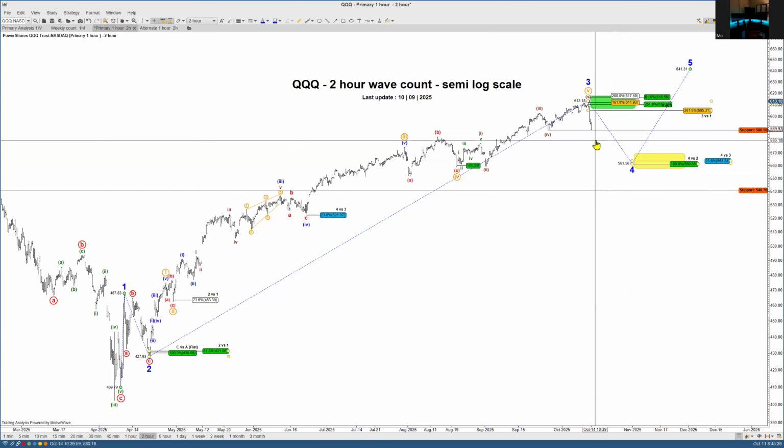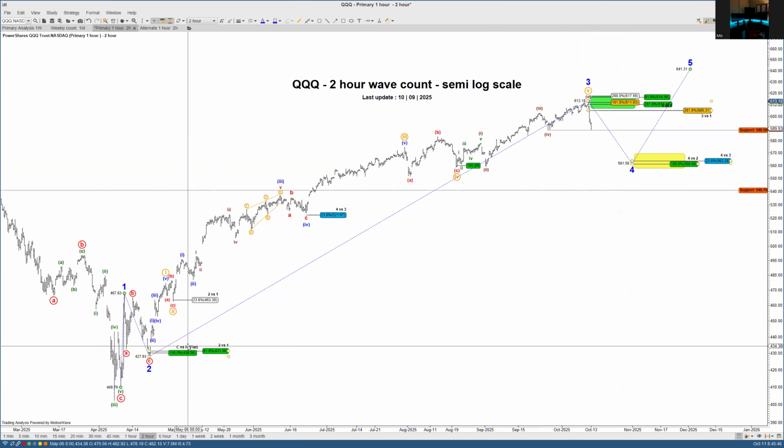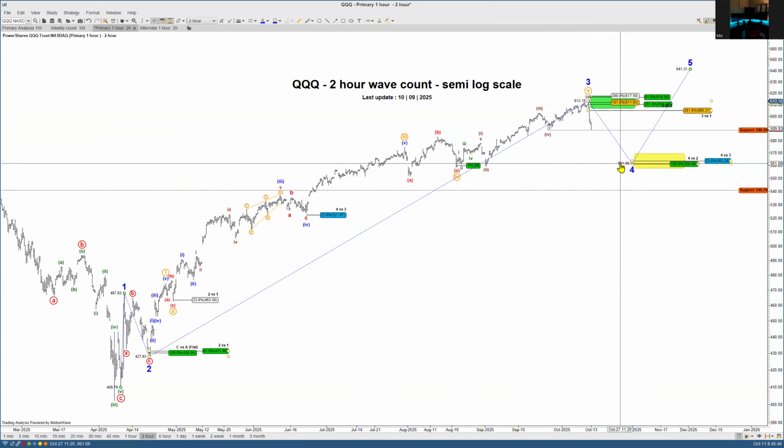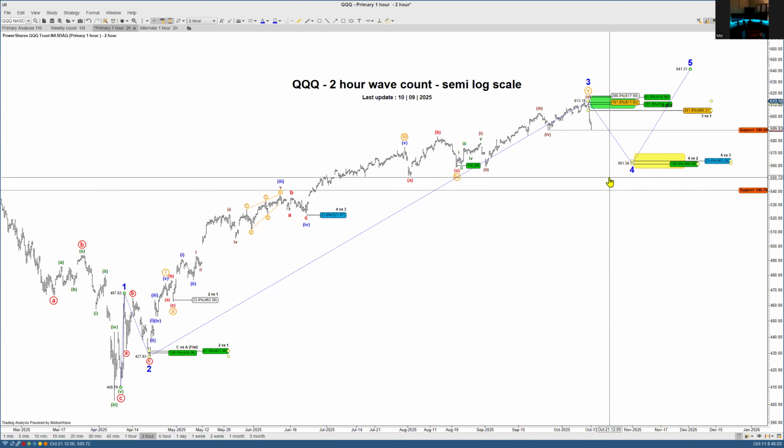okay, there's no fourth wave that is going to last 2, 3 sessions. I can tell you that. If the price reaches this zone a lot faster, there's a very good chance that the market is just going to go sideways for an extended period of time, because then it has to chew up some time.